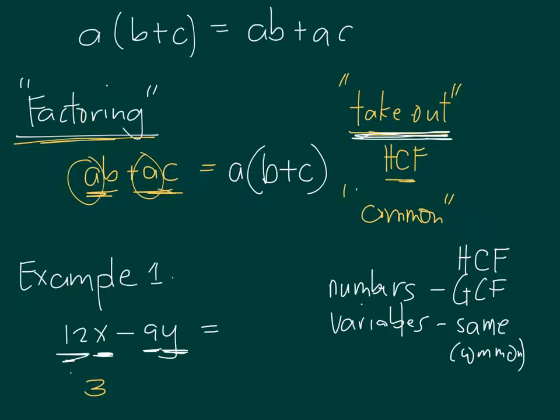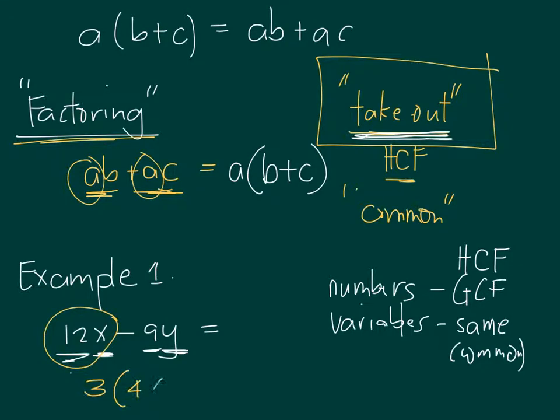So that means we can only factor out the 3, and that leaves 12x as 4x, and that will leave 9y as 3y. If you apply the distributive law, 3 times 4x is 12x, and 3 times 3y is 9y.